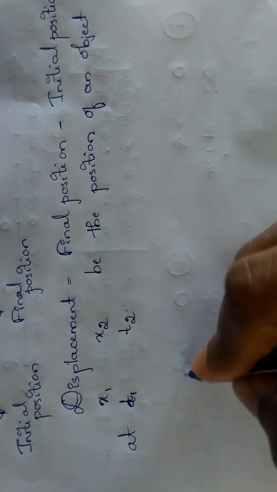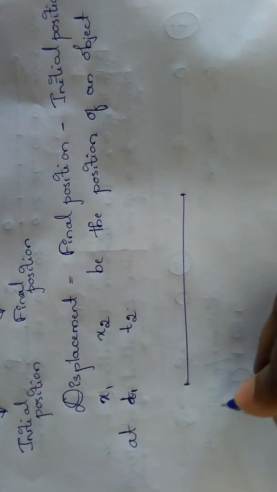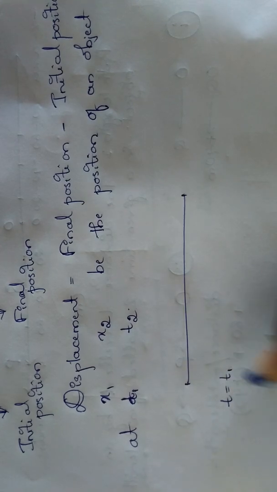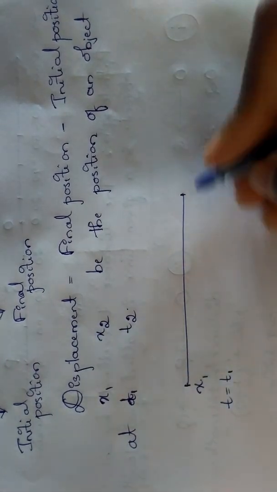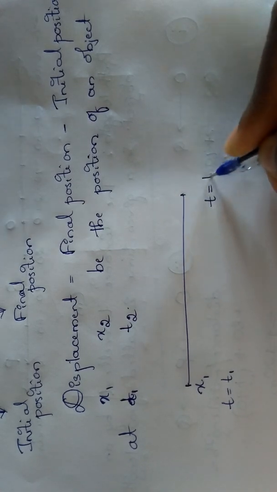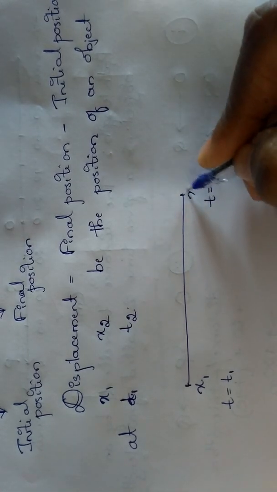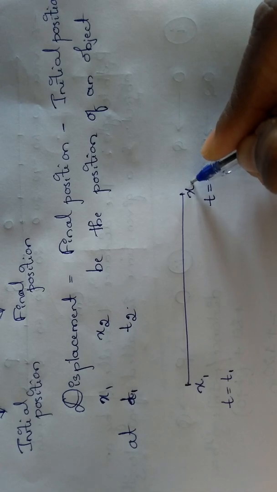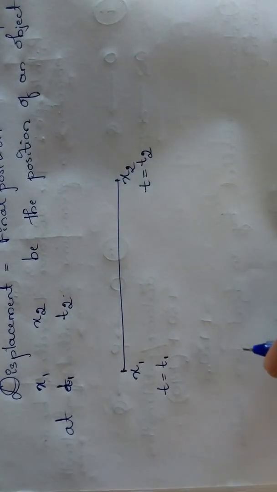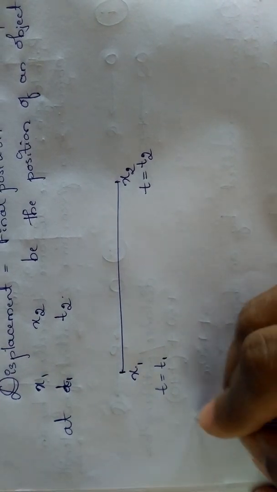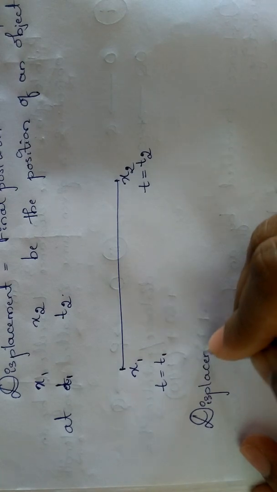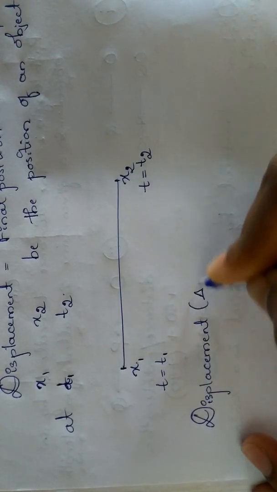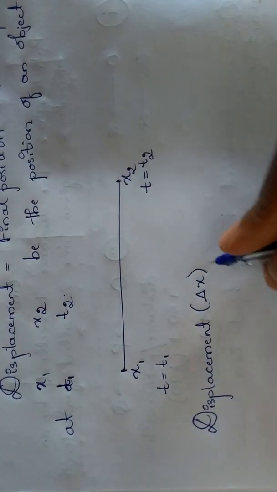For example, at time t equals t1, our body is at position x1, and at time t equals t2, the object is at position x2. Now the displacement is denoted by delta x. So what is delta x?